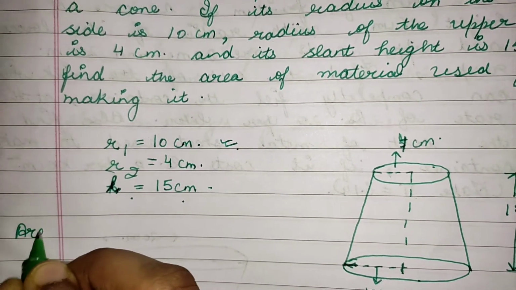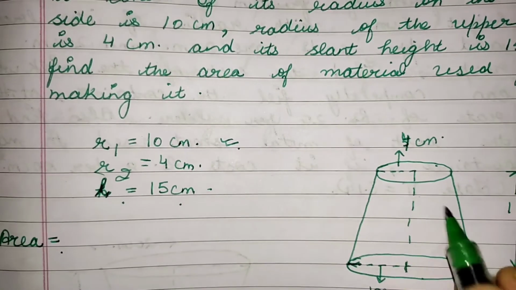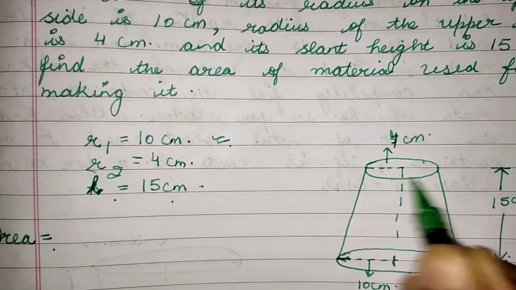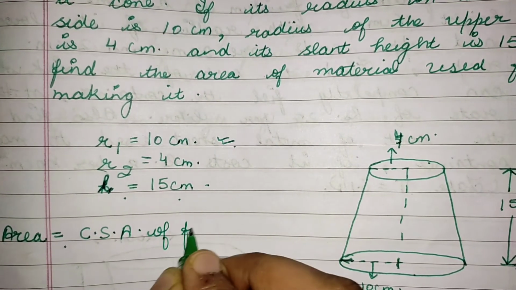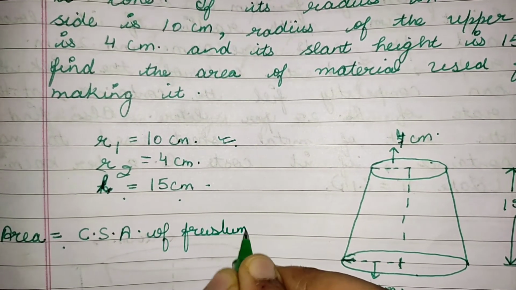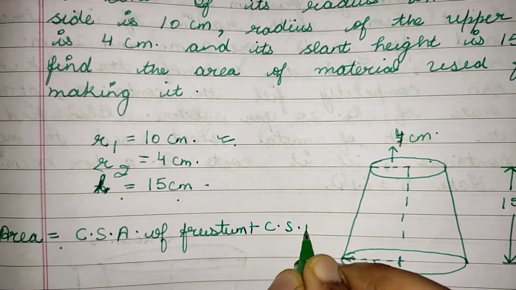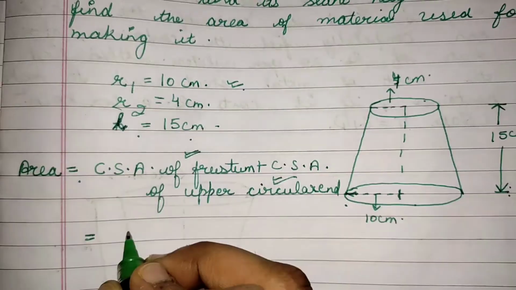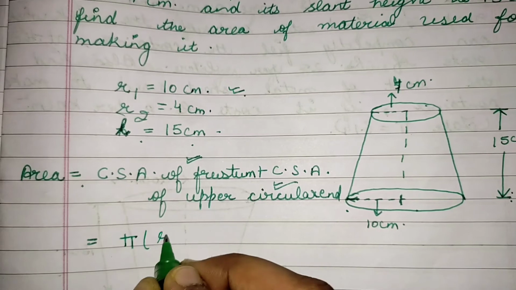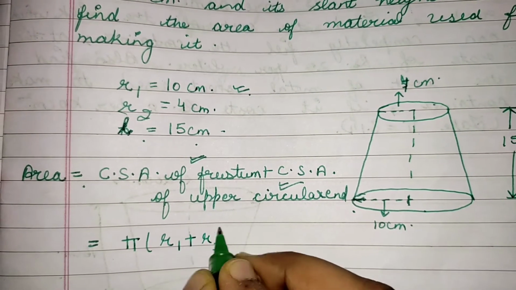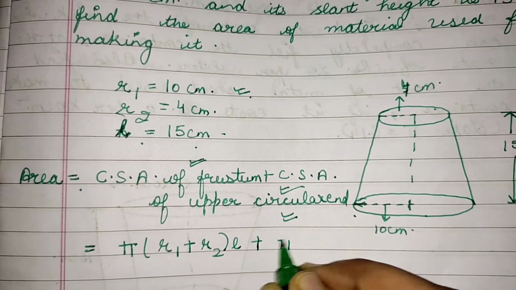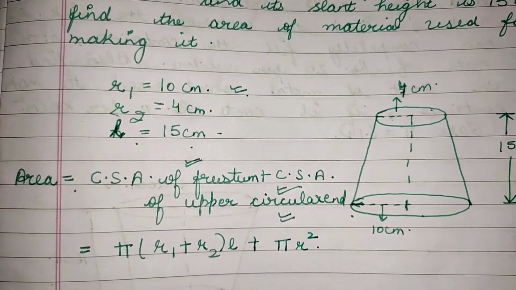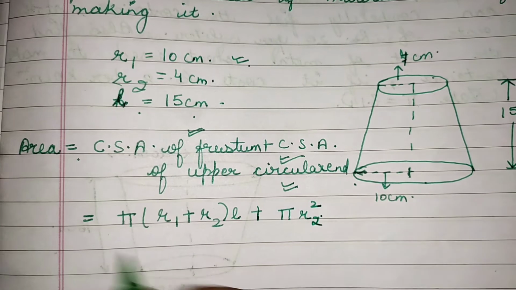We have to find out the area of the material used for making it. So area will be equal to what? Area will be equal to the curved surface area of this frustum plus the area of the upper circular part. Surface area of the frustum is pi into R1 plus R2 into L, plus the area of the circular base, which is pi into R2 square.